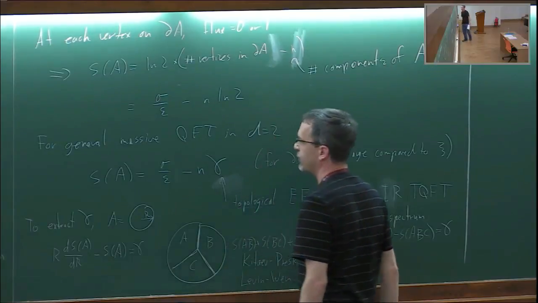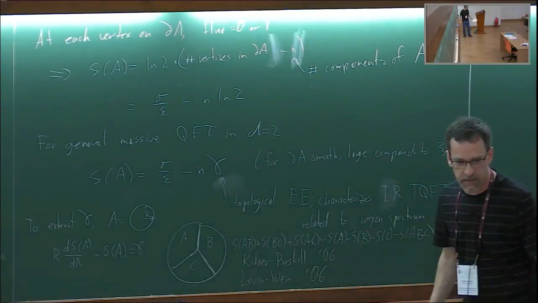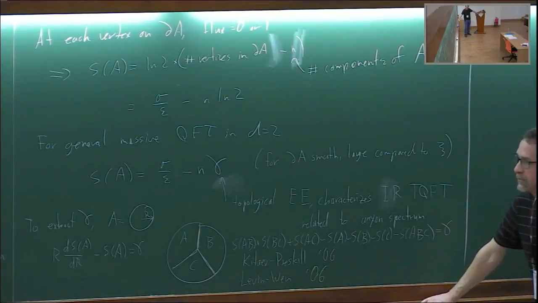This was one of the first cases where people realized that this entanglement entropy is really useful, because it's a very difficult problem, given some spin system, to know whether at long distances it has topological order, even if you can simulate it on a computer, because there are no correlation functions to compute.